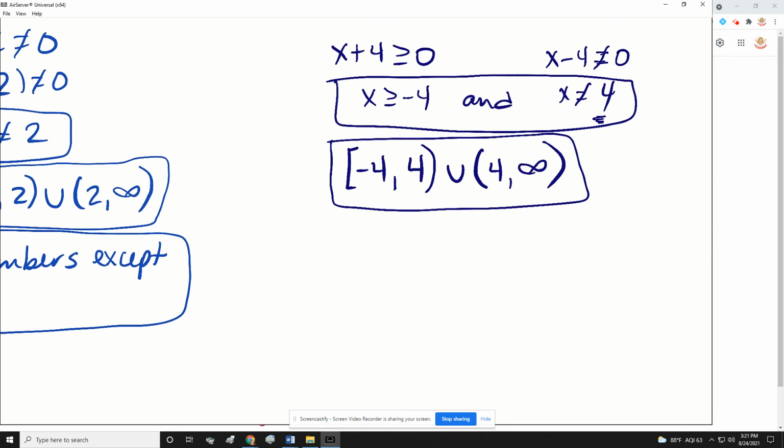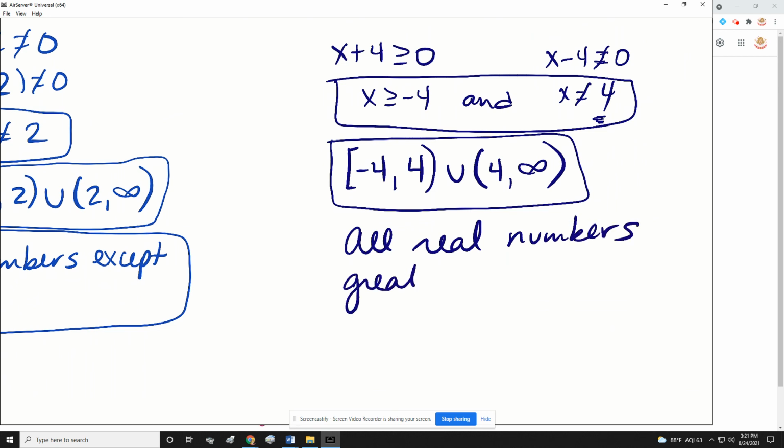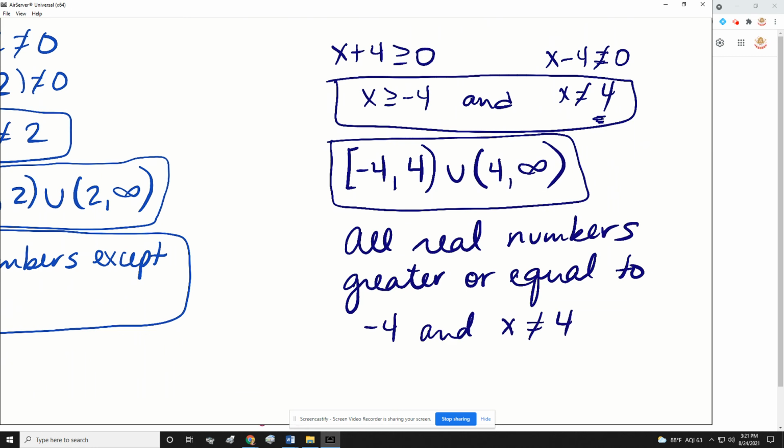Okay. And then that's going to be all real numbers greater than or equal to negative 4 and x is not equal to 4.